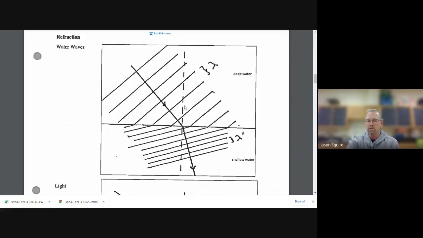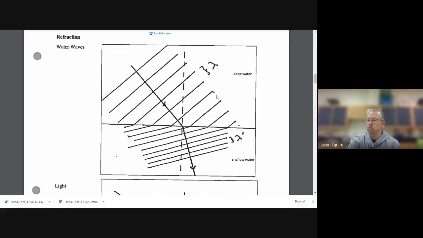These water waves with this wavelength, when they go into shallower water, the wave fronts bend and the wavelength gets smaller. And I can draw my wave rays in, and you can see my wave ray bends towards the normal in the new substance.